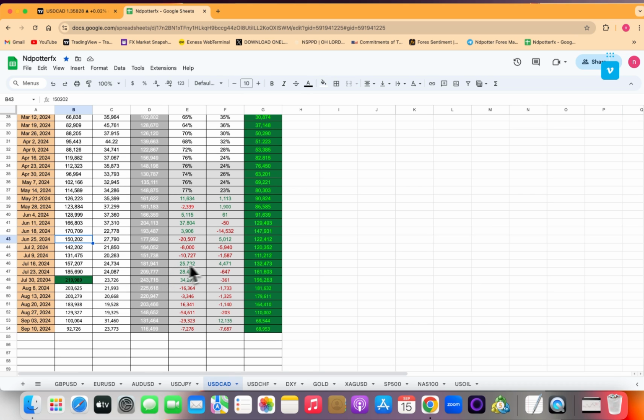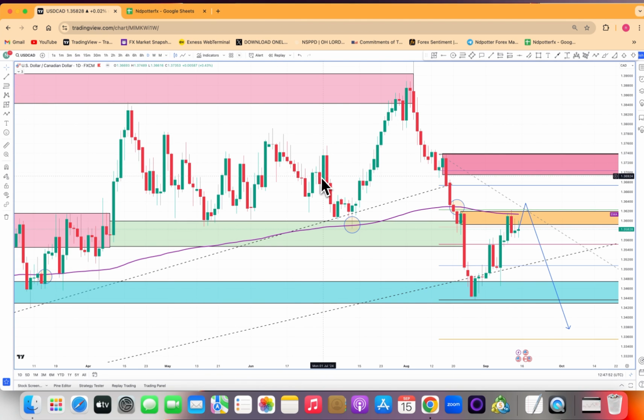So let's look at where July 9 was. Okay, I think somewhere here is July 9. So these three weeks they took profit on their long position.